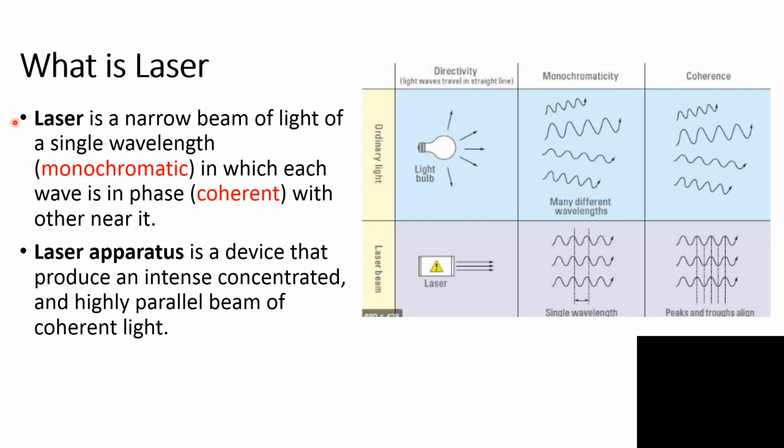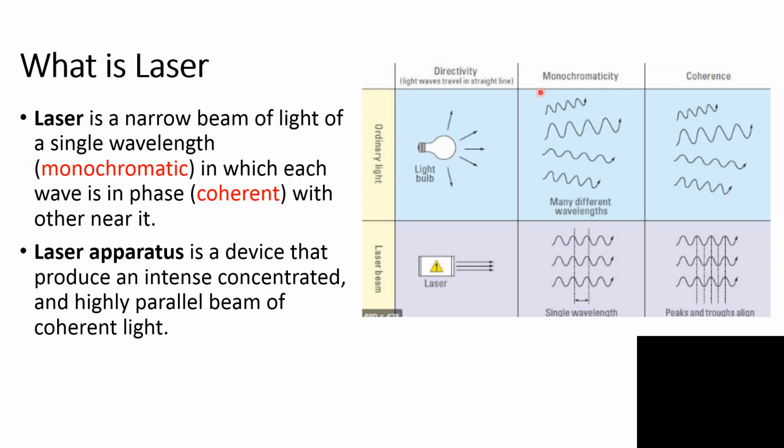What is laser? Laser is a narrow beam of light of single wavelength in which each wave is in phase with other near it. Okay, if I compare the laser light with the ordinary lamp, we can clearly understand the definition of this laser.